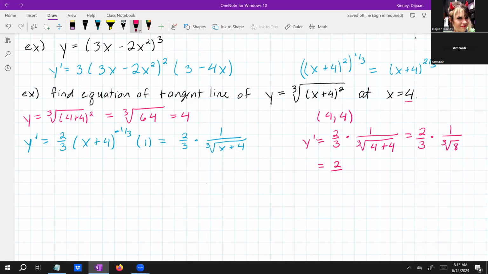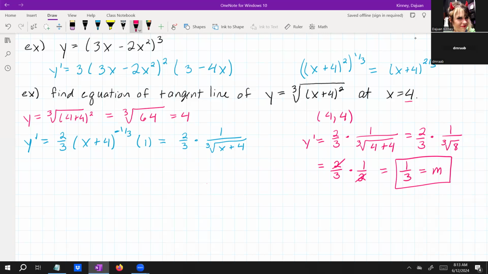Got like 2 more steps. Cube root of 8 is 2. I know my 2 powers really well. Equals 1/3. Cool. That's my slope.